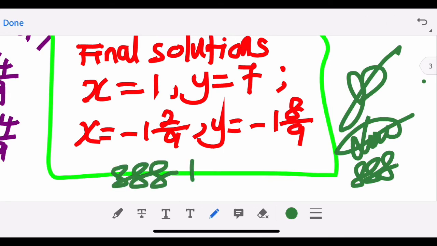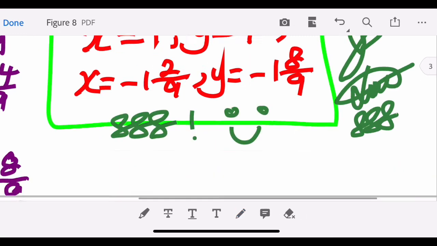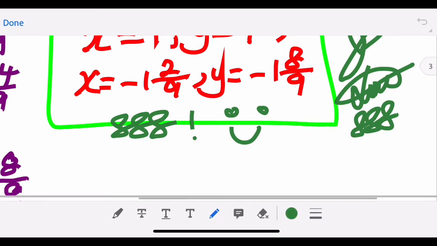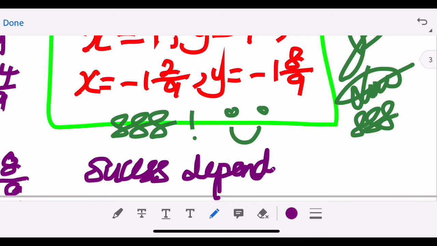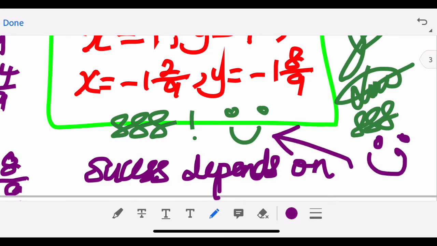So I think that's all for today's sharing. I really hope that you will enjoy doing the figure 8 module, because if you keep on practicing, I'm sure you will be a success, okay, to get A for your additional maths.